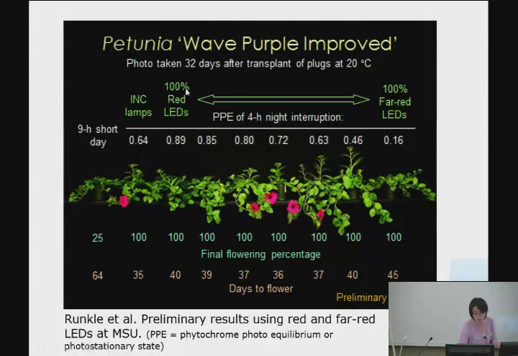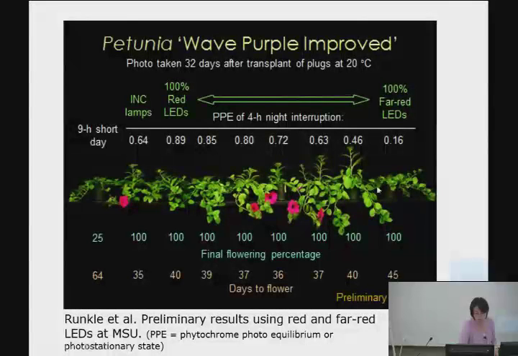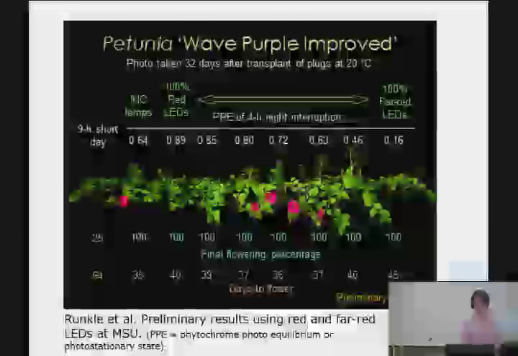Here is 100% red LEDs, and then incrementally they added far red to the light bulb, so the red far red ratio is different. As you can see, 100% far red didn't work to trigger flowers, 100% red didn't flower, and a little bit of far red added didn't flower. There is a certain range that worked pretty well, suggesting both far red and red are needed for some species like petunia.